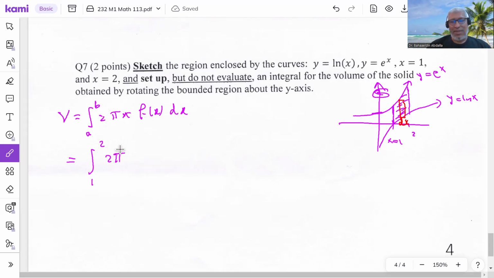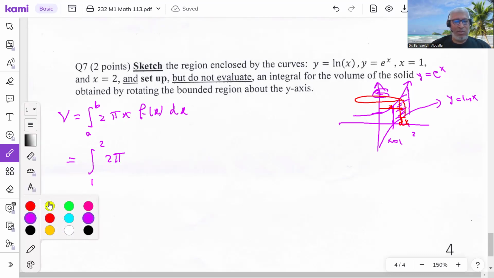Now what is x? x is the radius of the cylinder. When you rotate, this is the radius, the distance from here to here, and the distance from here to here is x. So I just write x, which is the radius. And f of x is the height of the rectangle.